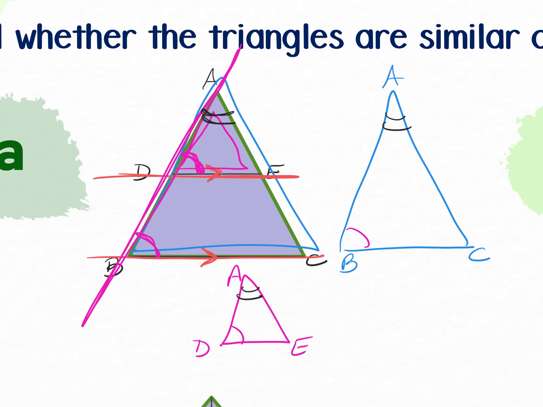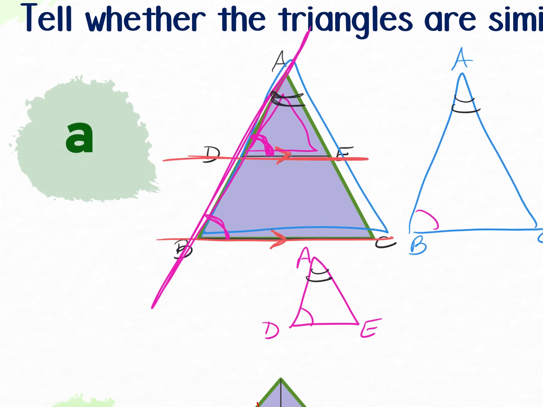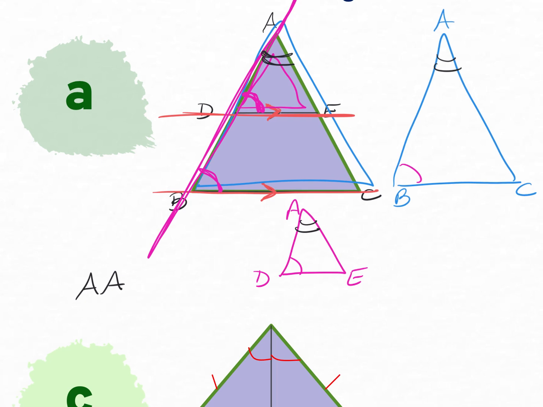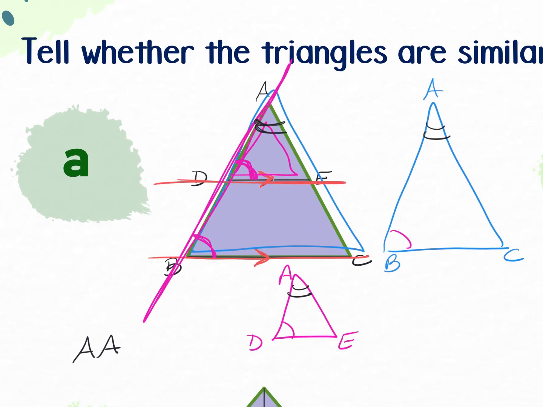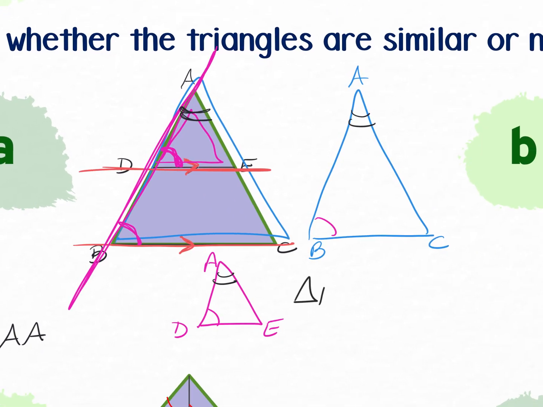So I would say, yes, these triangles are similar using angle, angle, and my similarity statement could be that triangle ABC is similar to triangle ADE. Now I could have also gone back and shown that this angle E here is the same as angle C, because again, I could have used this as a transversal.